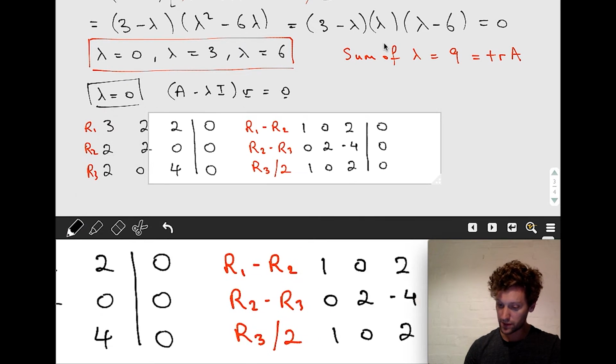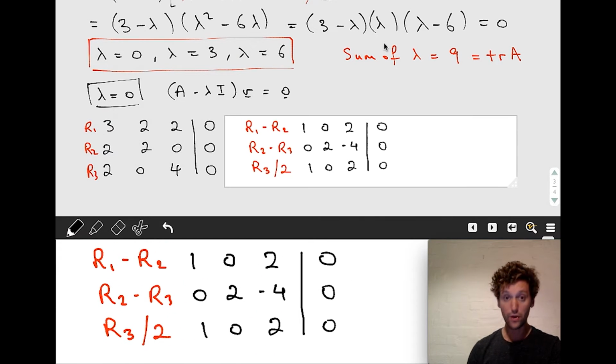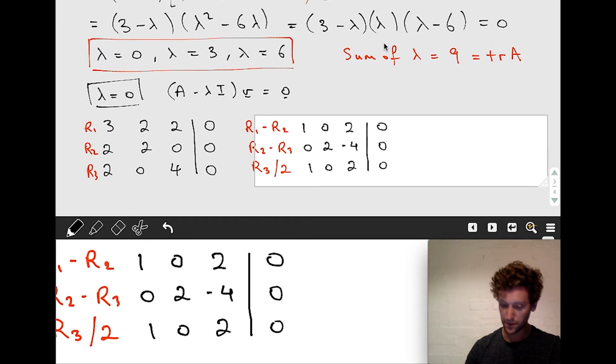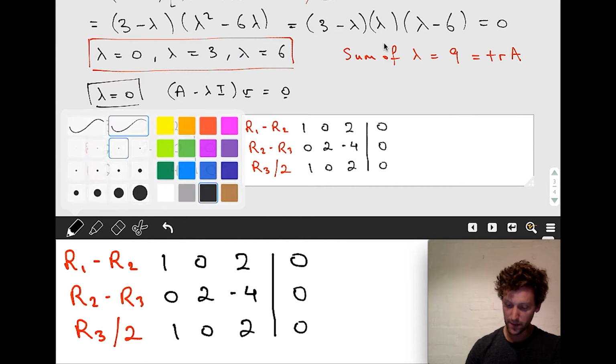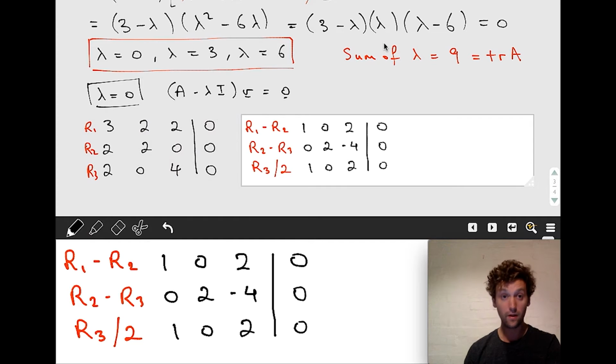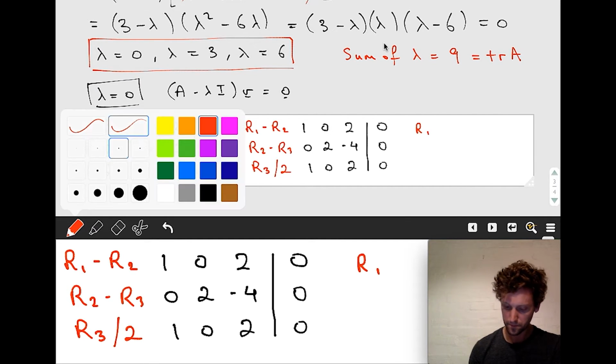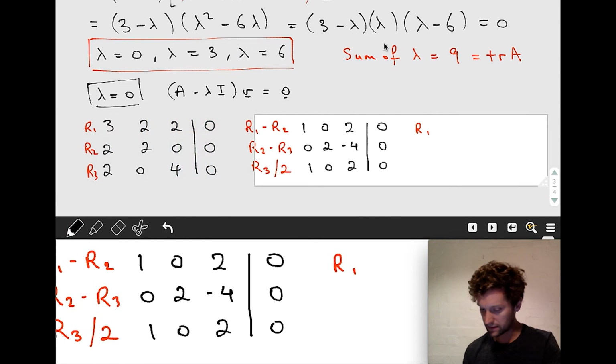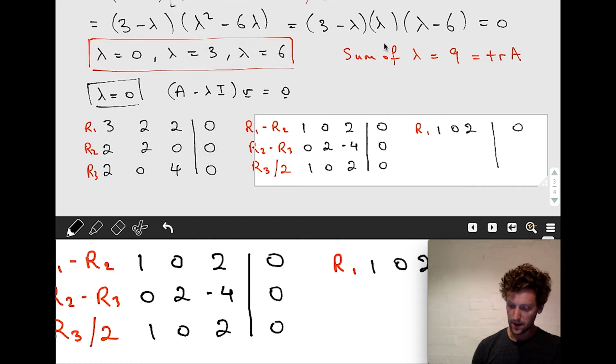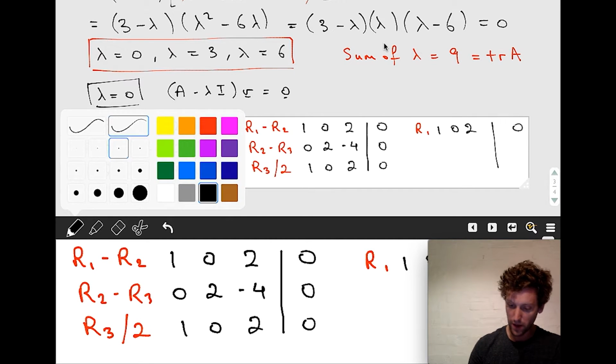Now the first thing you notice is that in my new row 1 and my new row 3, I've got the same row, so I can cancel those two out. And that's what we expect to see when we have eigenvectors. We expect at least one row to cancel out. So I'm going to leave row 1 as it is, so 1, 0, 2. Let's divide row 2 by 2.